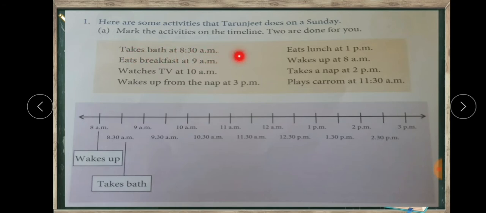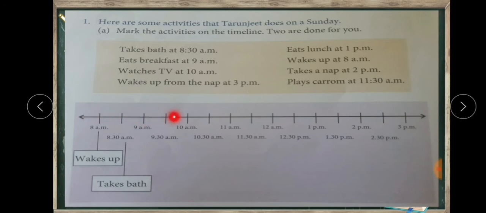Takes bath at 8:30 a.m. Eats breakfast at 9 a.m. Watches TV at 10 a.m. Wakes up from the nap at 3 p.m. Eats lunch at 1 p.m. Wakes up at 8 a.m. Takes a nap at 2 p.m. Plays carom at 11:30 a.m.